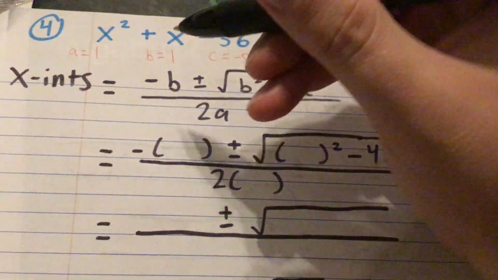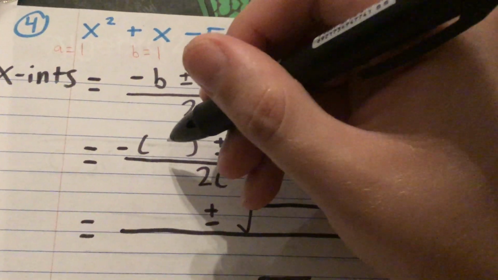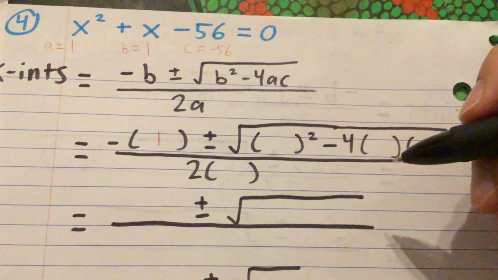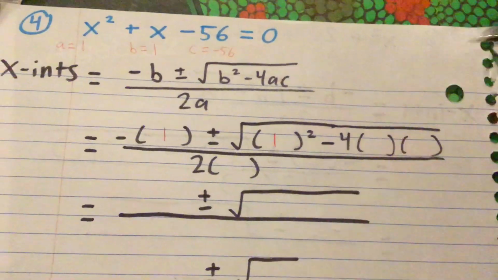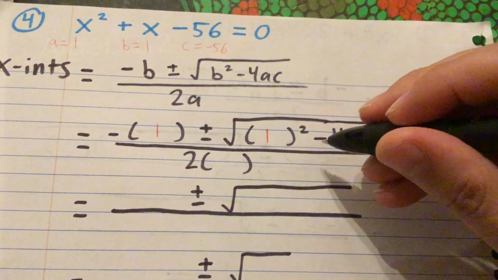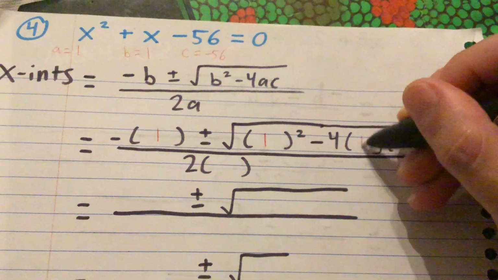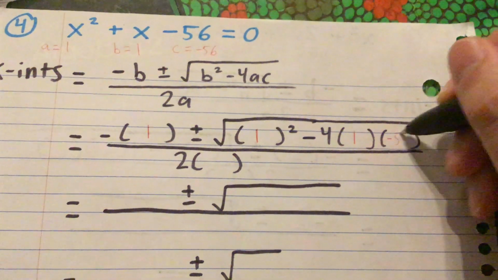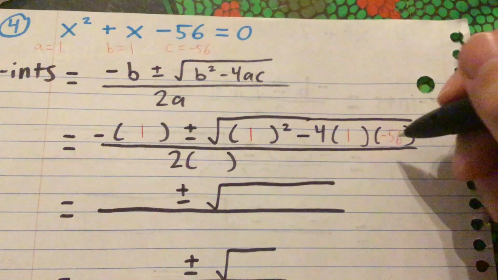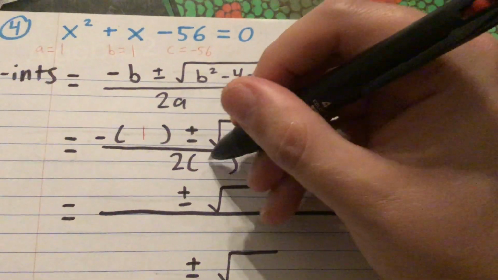Negative b, which is negative 1, plus or minus the square root of 1 squared, minus 4 times a, another 1, times c, which is negative 56, all that over 2 times a, which is 1.